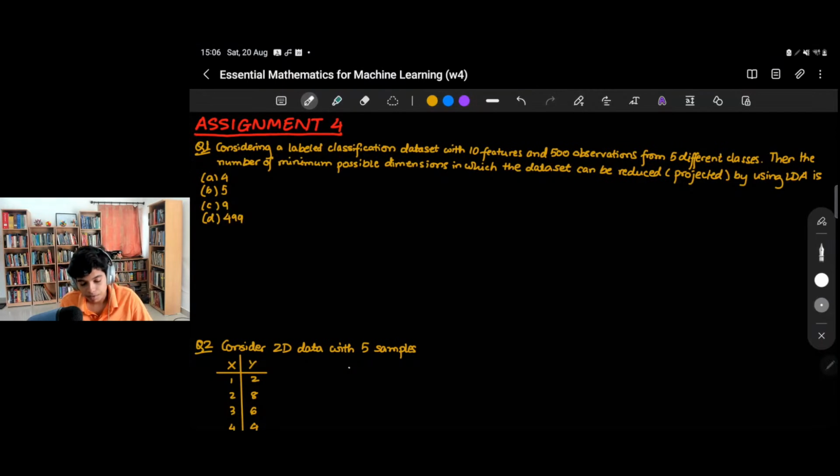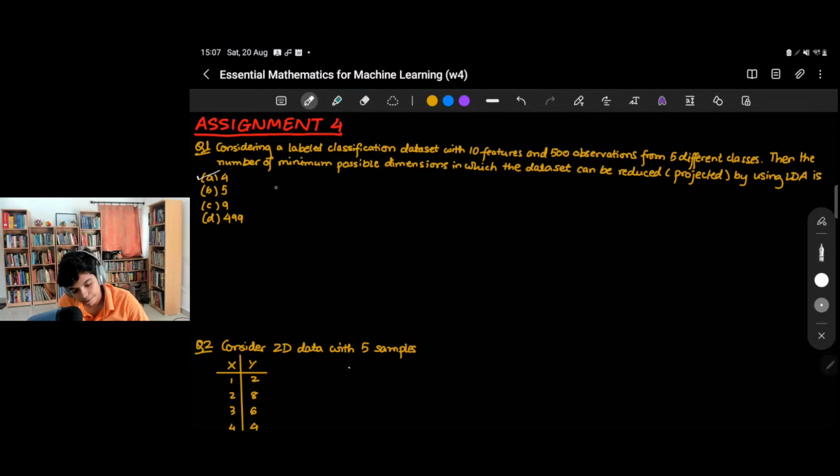says that we have a labeled classification data set which has 10 features and 500 observations from 5 different classes. Then the number of minimum possible dimensions in which the data set can be reduced by using LDA, the linear discriminant analysis, is, we need to select one of these options, and the correct option is 4.